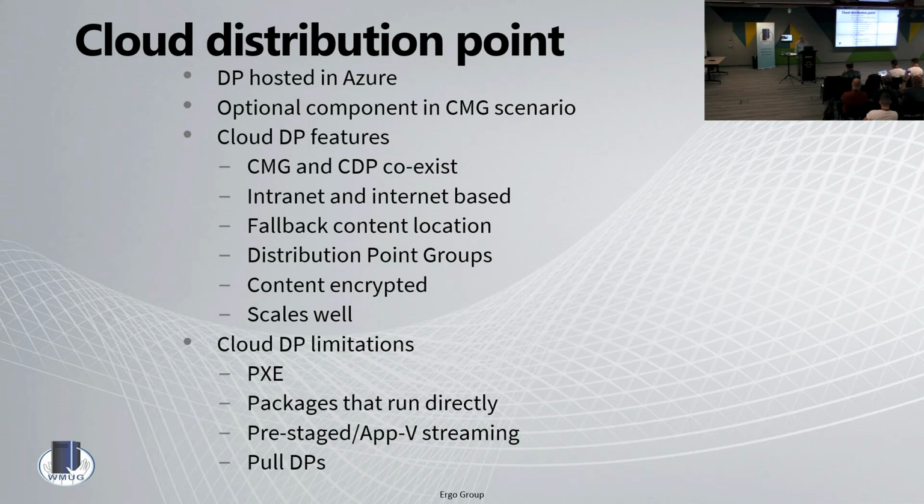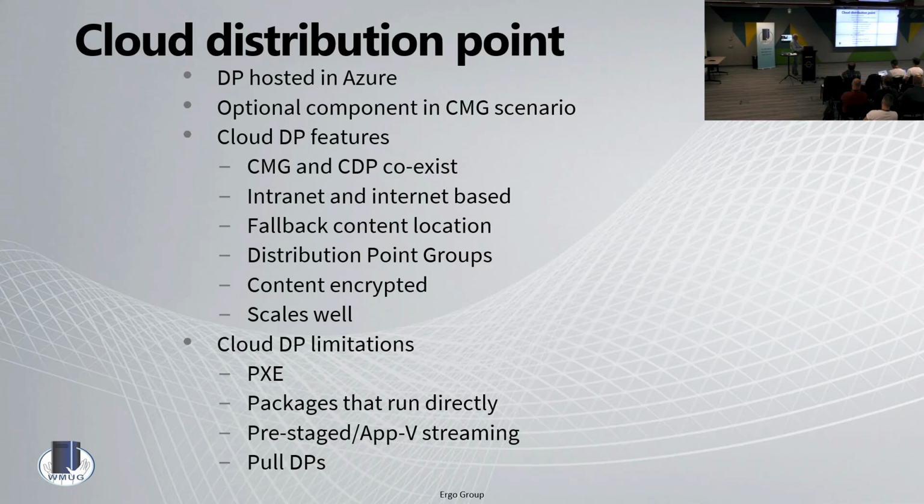They support both intranet and internet clients. It's a misnomer to think that the cloud DP only serves internet-based clients. That's not true. If you allow access internally, clients can get content from the cloud DP as well. You can use them as a fallback content location. They can be added to distribution point groups the same as traditional DPs.